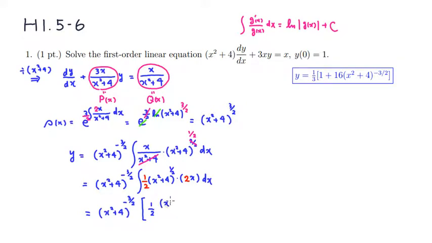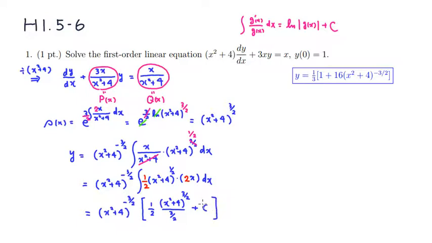So you have x squared plus 4, I add 1 to the power, so it's going to be the 3/2 power, then divided by 3/2, and then plus some constant c.